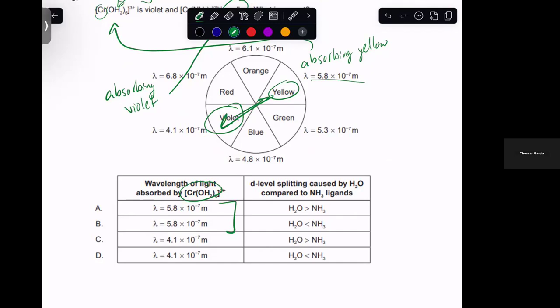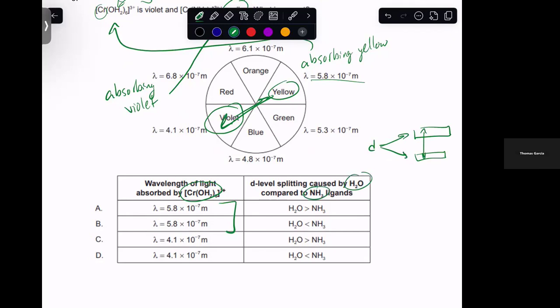D-level splitting caused by H2O compared to NH3 ligands. So what this is saying is that in the d orbitals, when they split into our d orbitals, is the distance greater with H2O or greater with NH3?